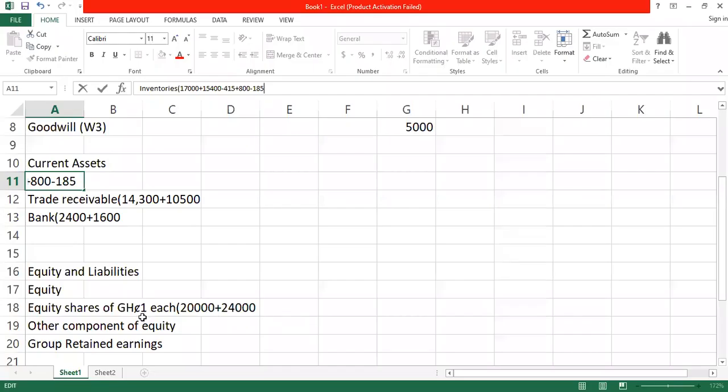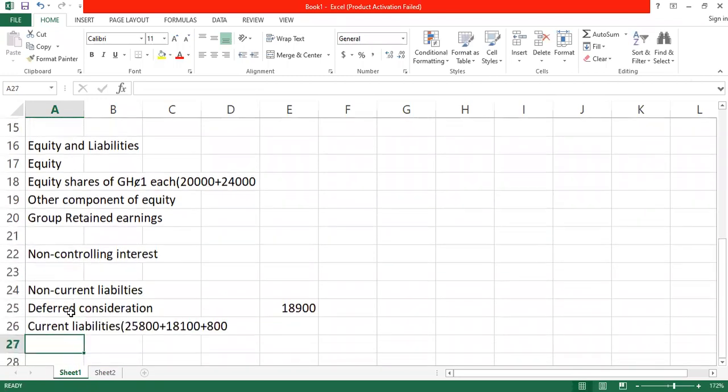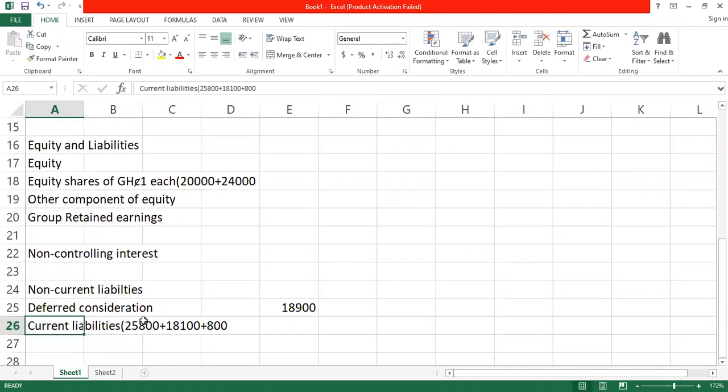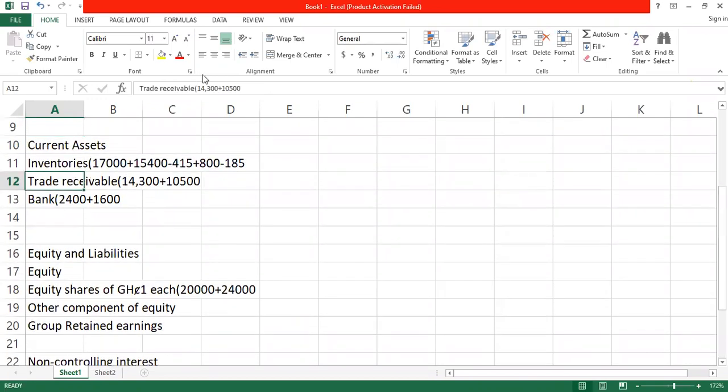So you can see that for the current liabilities, we have added the 800 to now make it 2.4, isn't it? So what are we going to do? They cannot be owing each other, so we cancel it. In the current liabilities, we do minus 2,400. We go to receivables also and do minus 2,400. You can't be owing each other.